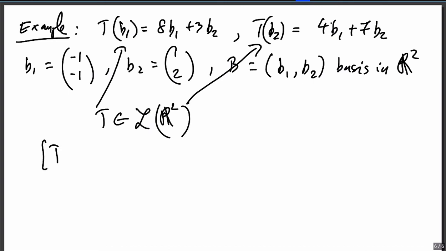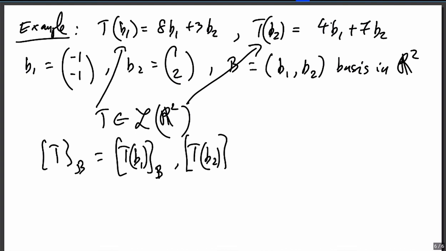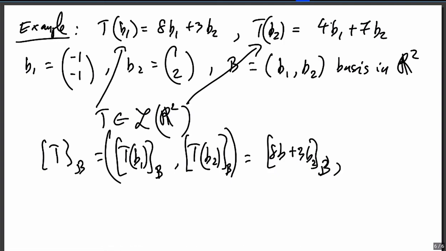So then the matrix of this in B is the images of the basis vectors expanded in the basis B: 8 b1 plus 3 b2 expanded in the basis B, and 4 b1 plus 7 b2 expanded in the basis B. If you need practice on how to calculate the coordinate matrices in a basis, please go back just a few sections before.